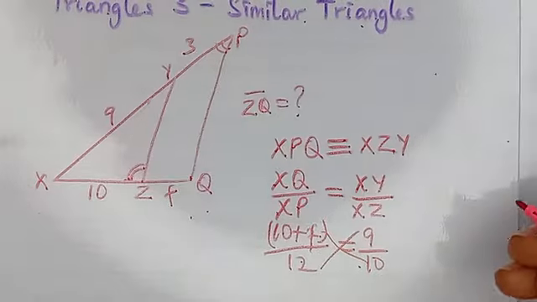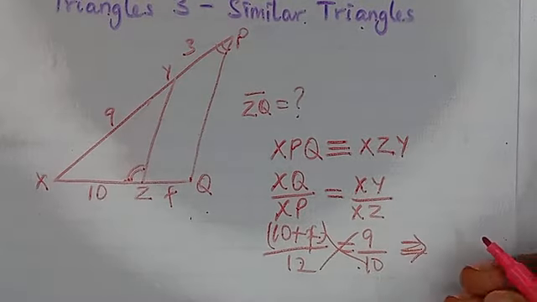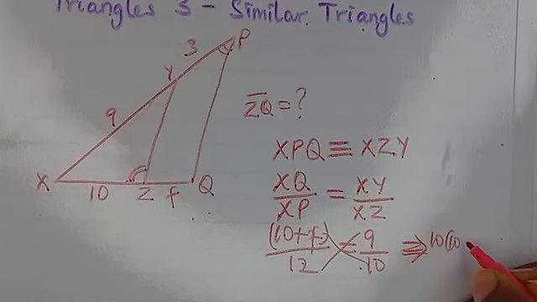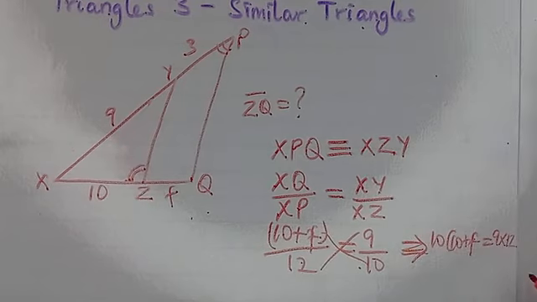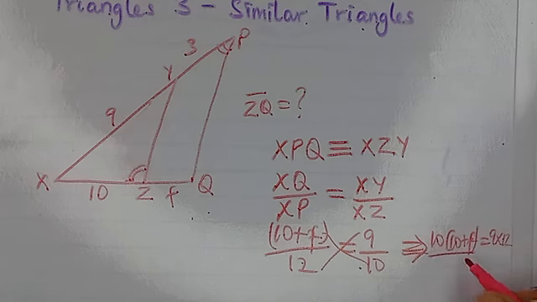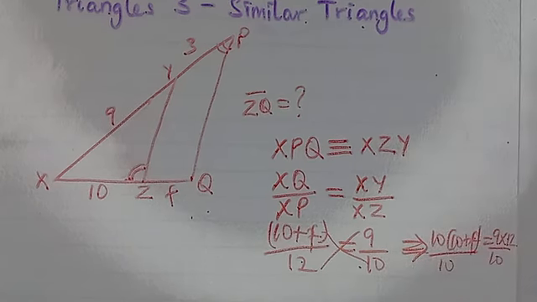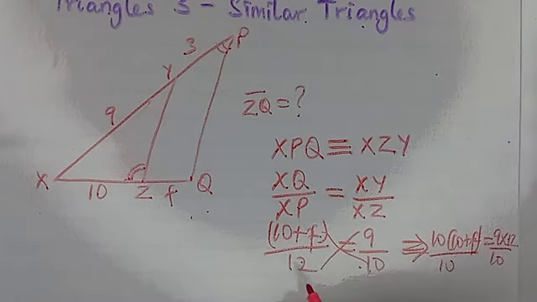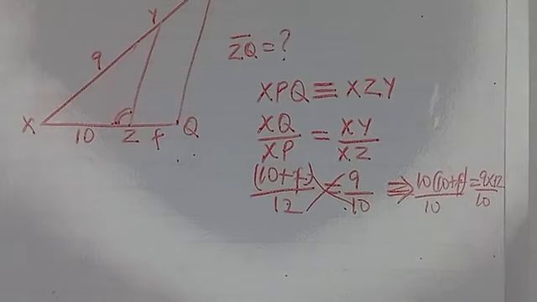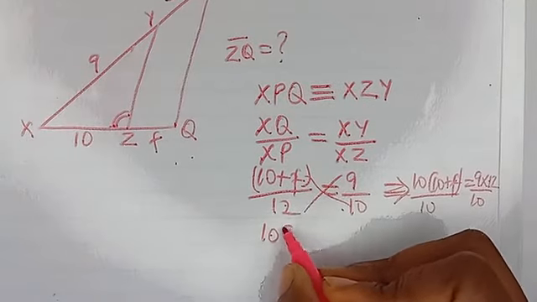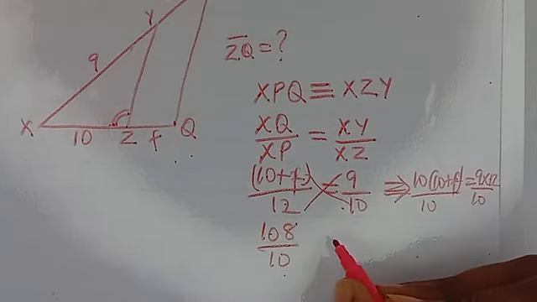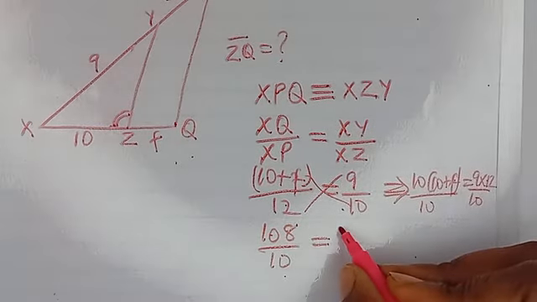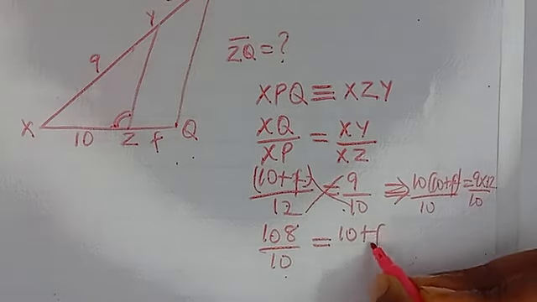And when we do that, we have 10 times 10 plus F is equal to 9 times 12. And we divide both sides by 10. So 9 times 12 is 108. So 108 over 10 is equal to 10 plus F.